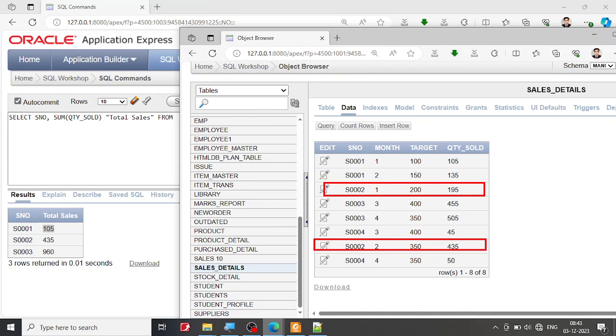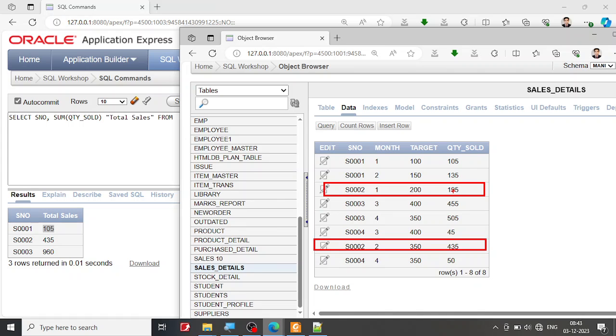So 435 plus, what is it that I am doing? Quantity sold. It should have come as 435 plus 195, but what we notice here is it is only giving me 435.